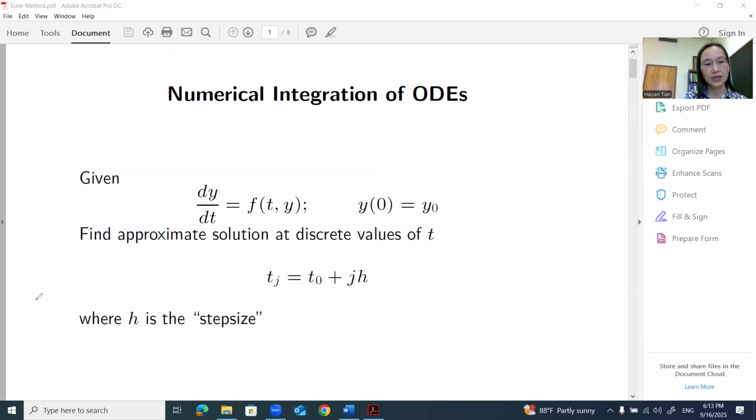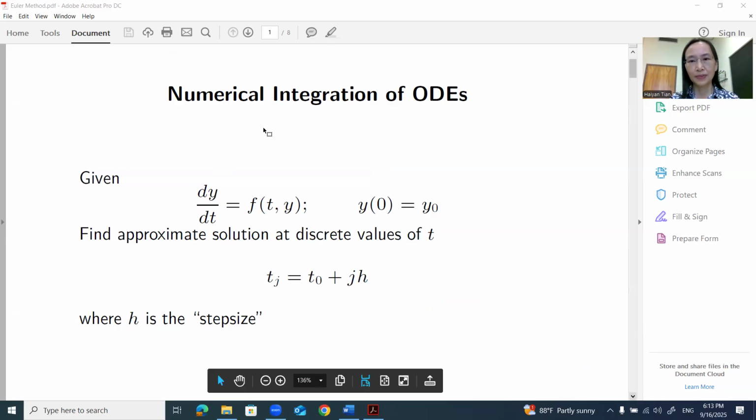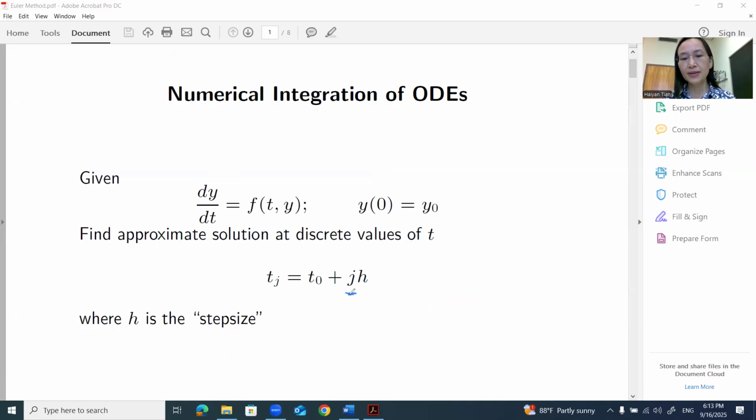So h is called the step size. Certainly when j is 1, that's step 1, and you get t1. When j is 2, you get t2. So on.